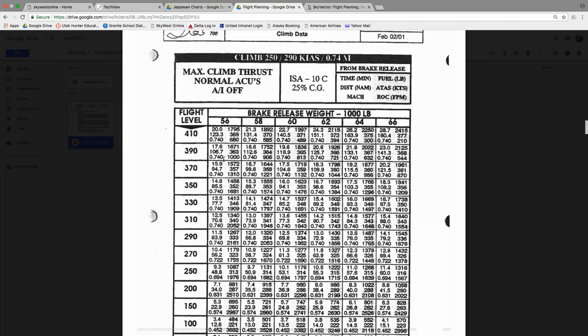That gives us 76. Now we take our standard temperature of 15 degrees and subtract our corrected temperature for altitude, which is negative 61, right? Okay.